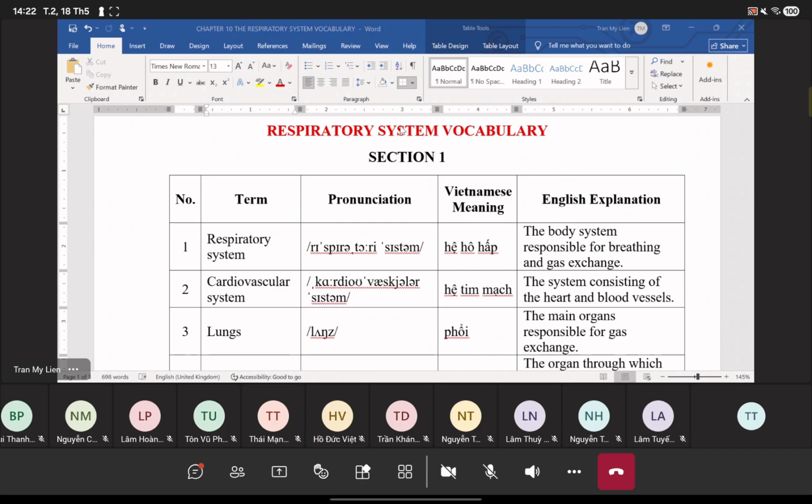Okay, section 1. Now look at the vocabulary of this section. Respiratory system: the system responsible for breathing and gas exchange. It supplies the oxygen and removes carbon dioxide.